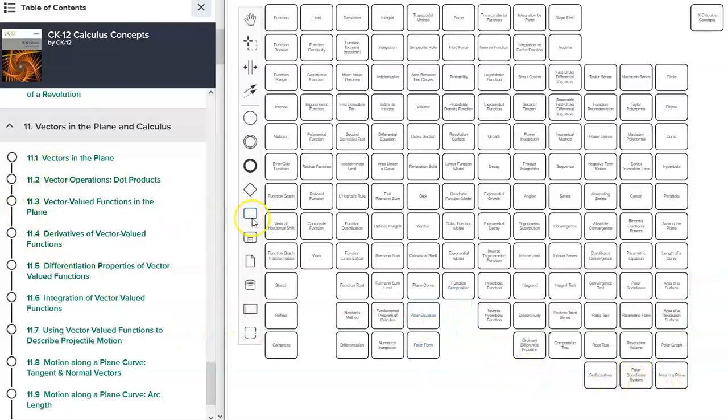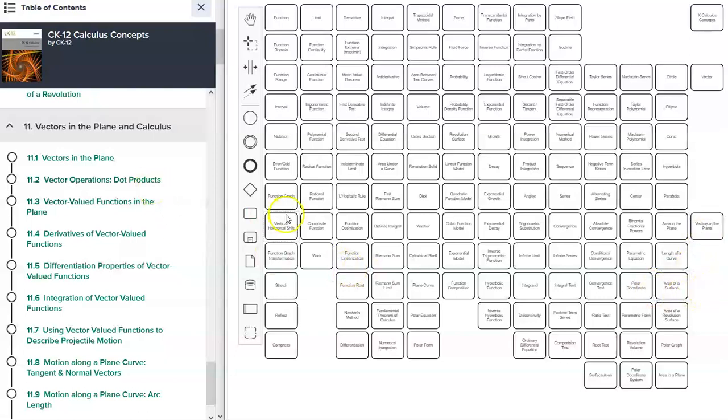All right. So we haven't even used the word vector. So now we have the word vector. Vectors in the plane. Now you have area in the plane, but that means a vector must not be an area. Vectors in the plane. There we go.